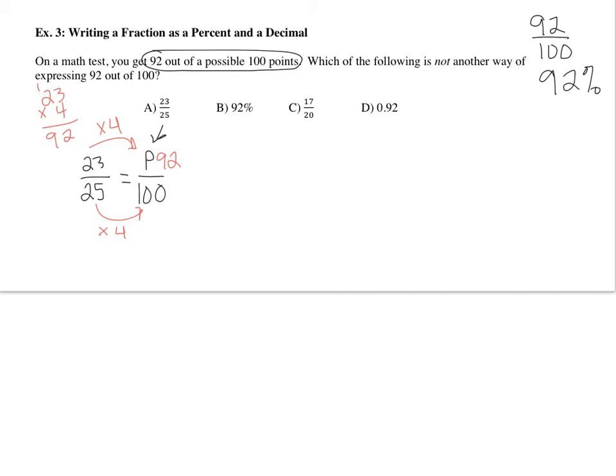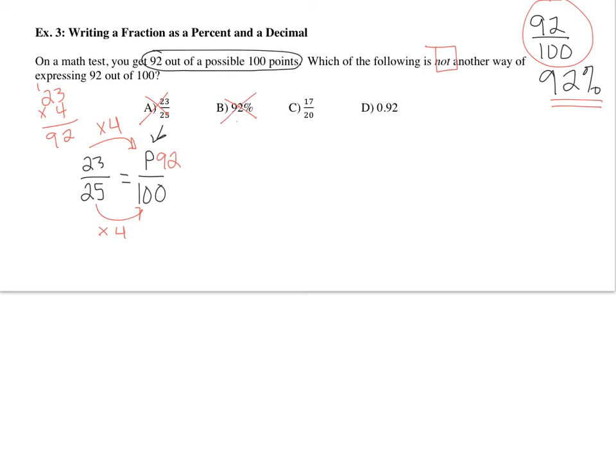Because it's 92 out of 100, which is the same thing we got up here. And 92 over 100 is 92%. So we're looking for which one's not another way of writing it, but A is another way. And then B, we already know that 92 out of 100 is 92%, so B cannot be an option.